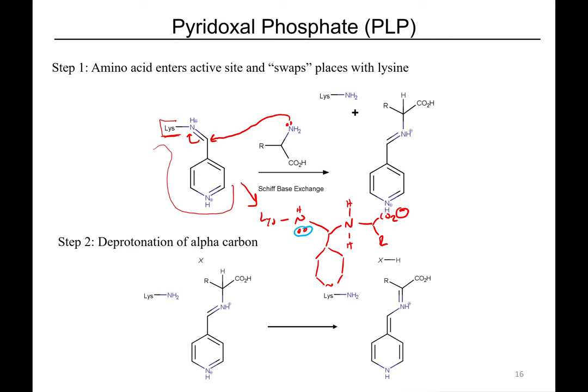And just for simplicity's sake, I'm going to show it picking up a proton from the nitrogen on the amino acid. Now it could most certainly pick up a proton from a general acid in the active site or a water. But the idea is that we end up picking up a proton on this nitrogen, and this nitrogen ultimately loses a proton. Okay, and we made a bond between nitrogen and hydrogen.